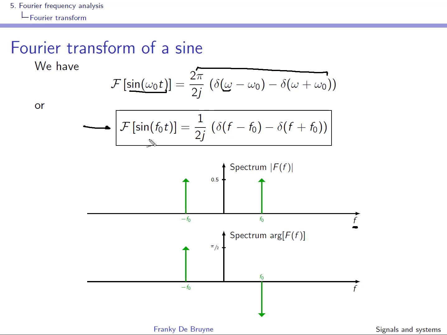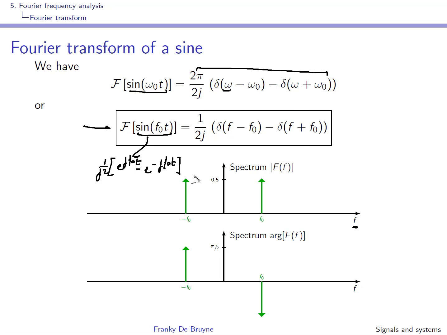And again, this should not be a surprise, because using Euler's identity you can rewrite this sine as 1/2j times an exponential of j 2 pi f0 t minus an exponential of minus j 2 pi f0 t, and here there is a j lacking at the denominator. Okay, so indeed this is what you see over here.